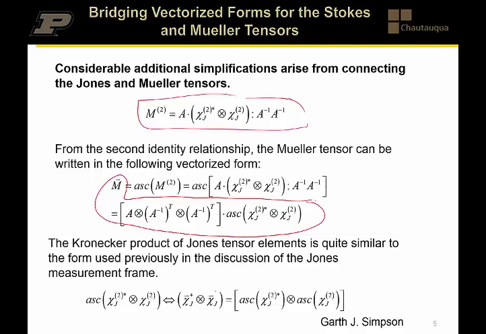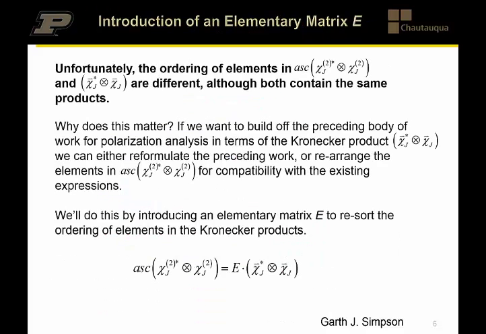Now we've actually seen something that looks like this many times in the discussion of the Jones measurement frame for polarization analysis, which is not exactly the same thing that we have from this vectorization of the Mueller tensor. They differ even though they have the exact same terms in them. You can see you've got the Kronecker product of two Jones tensor elements, but they're just rearranged in a slightly different order, which is sort of a pain.